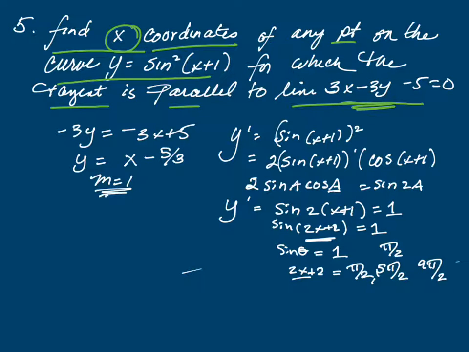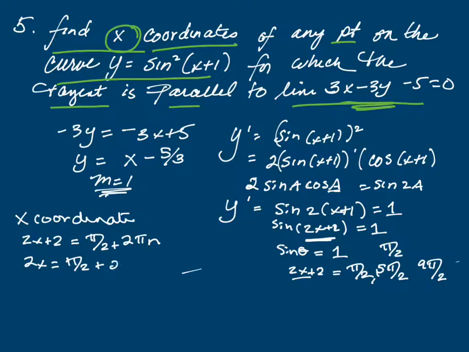That means the x coordinate would be any 2x plus 2 that equals pi over 2 plus 2 pi n. And then we solve for x, so 2x equals pi over 2 plus 2 pi n minus 2, or x equals pi divided by 4, plus pi n minus 1.